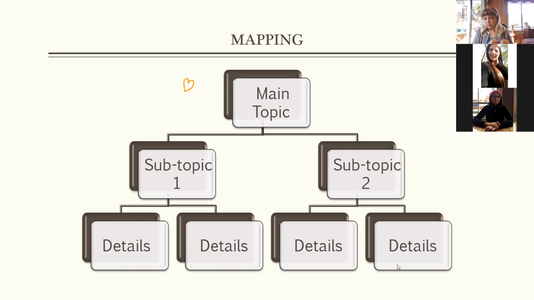The positive aspects of the pandemic in the sustainability of the planet. Okay, some positive aspects of the pandemic. That would be your subtopic. Okay, and in that subtopic, positive aspects of the pandemic, what definitions or what examples do you have?